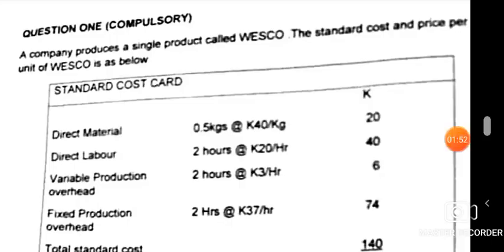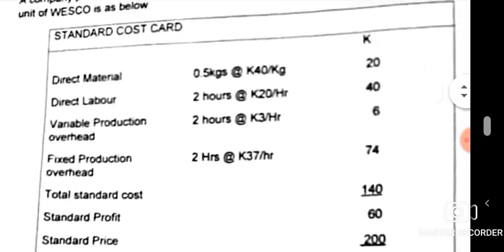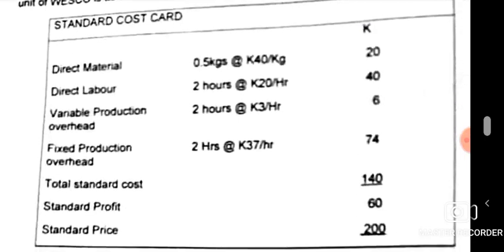There is this question: a company produces a single product called Wesco. The standard cost and price per unit of Wesco is as below. You have a standard cost card. Usually how variances work is that you have to understand the standard cost card, so that when you're answering questions, you'll be easily relating to it, because we interpret variances mainly using our cost card, because it shows the standards that should be in place for any item, like material, labor, and whatnot.